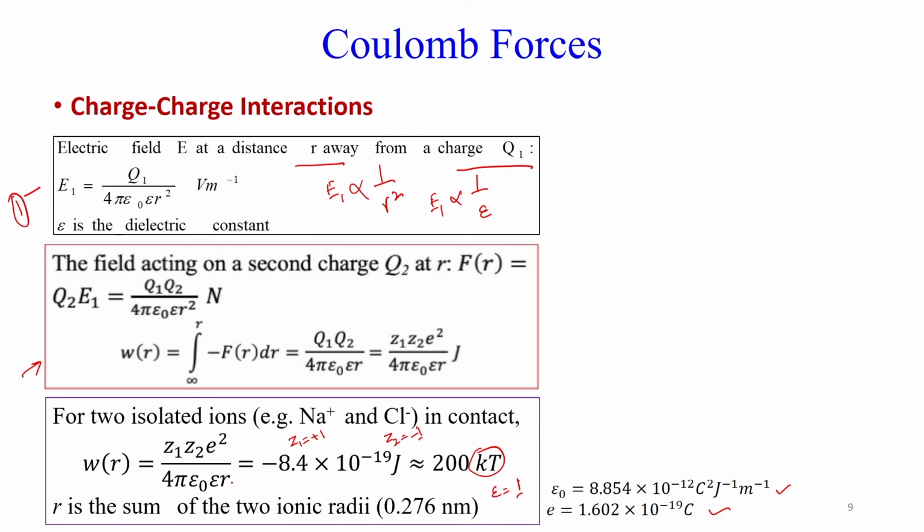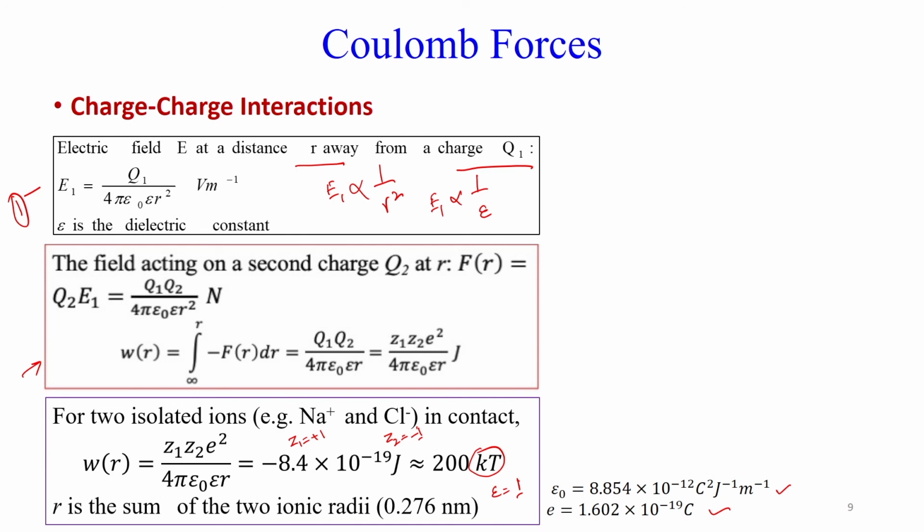Here R will be the sum of the two ionic radii, Na plus and Cl minus, which is 0.276 nanometer. So if you put plus 1, minus 1, E square, 4 pi epsilon naught, epsilon 1 and R as 0.276, we get the interaction potential as 200 kT.